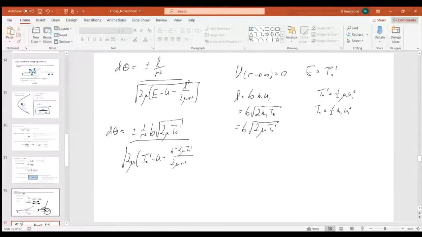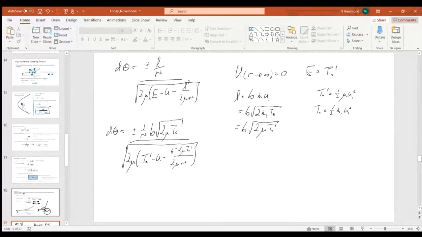So now we substitute this into our equation for d theta, and d theta is equal to plus or minus 1 over r squared, b and the square root of 2 mu T naught prime, over the square root of 2 mu T naught prime minus U minus b squared 2 mu T naught prime divided by 2 mu r squared.